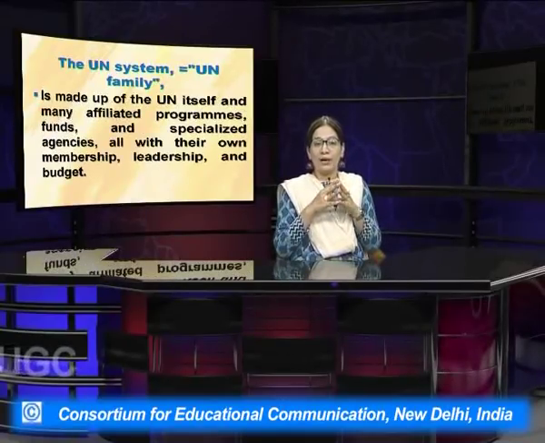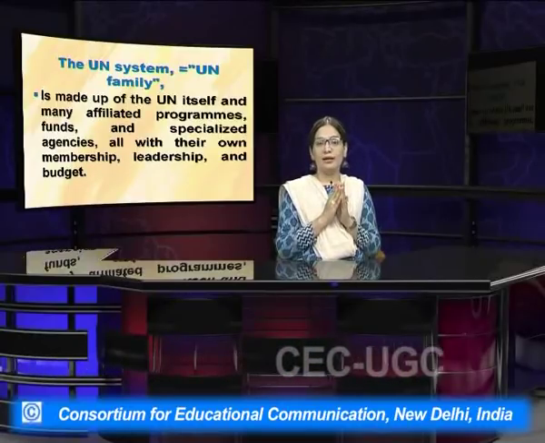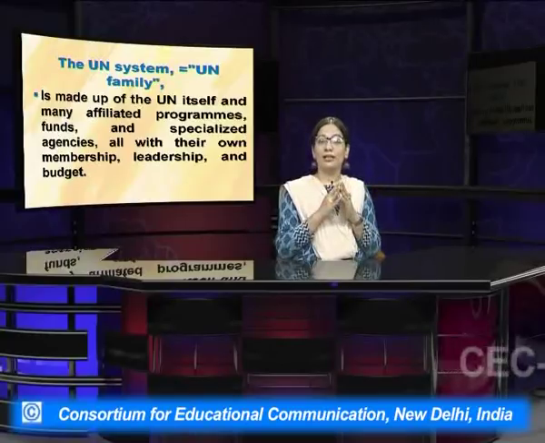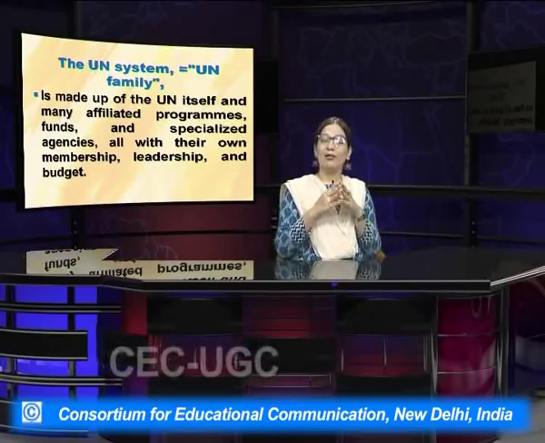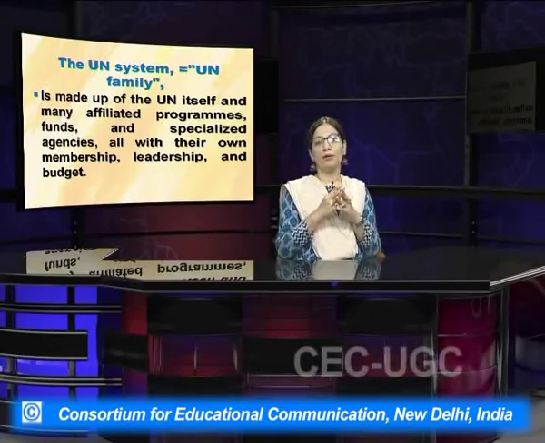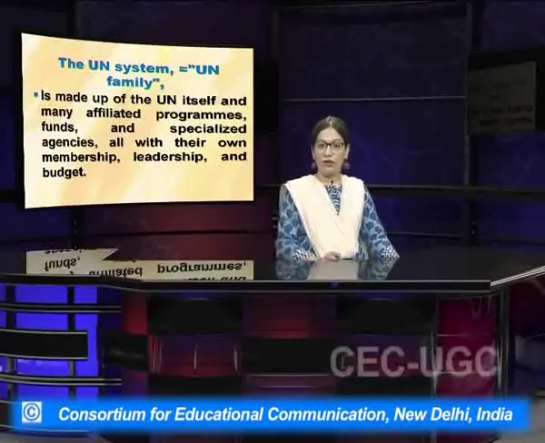Now, whenever we try to understand United Nations, it is very essential to understand the words that you all must have heard, dear listeners, the UN system, the UN family. Now, the UN system or the UN family means the UN itself and many affiliated programs and funds and specialized agencies with all their own membership, leadership and budget, and they all have been playing a unique role of their own.